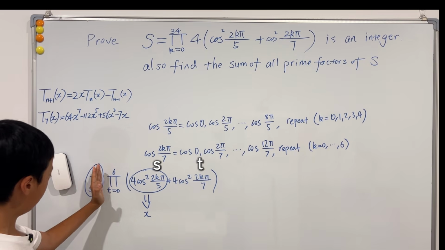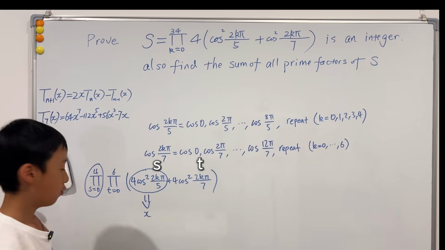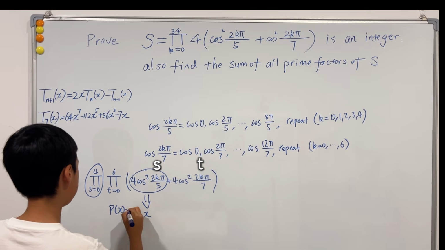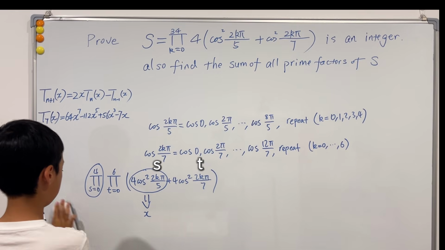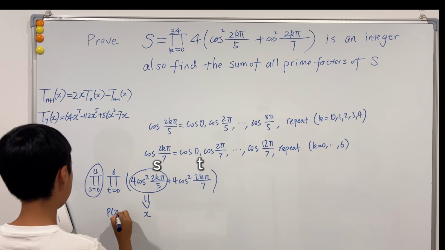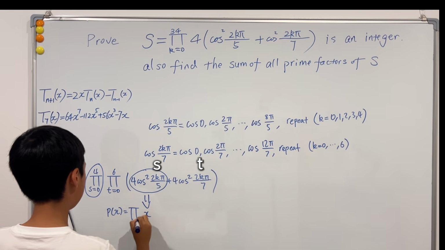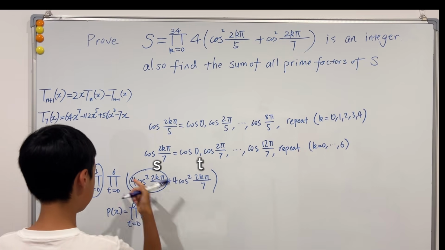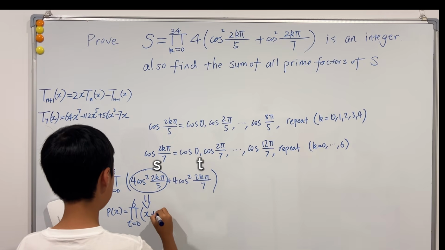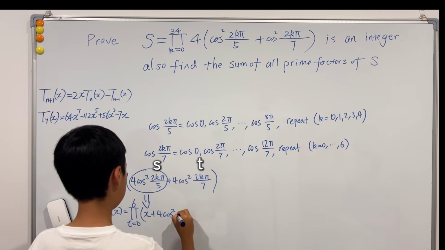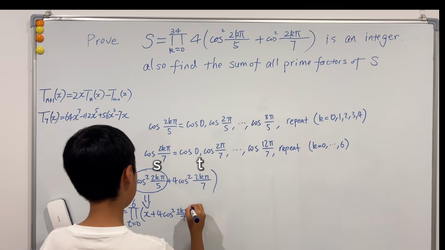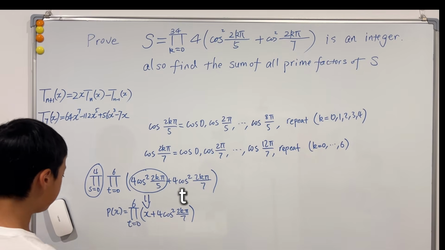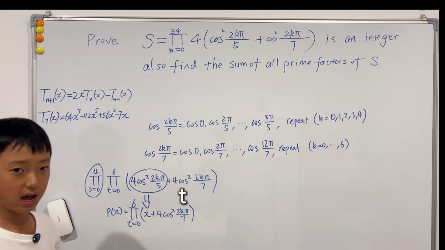So now that we have ignored this, the rest will just be a polynomial, p of x. This p of x will be equal to the product when t goes from 0 to 6 of x plus this. So now we've made it much simpler, right? Now we only have to deal with 7 terms multiplying together instead of 35.